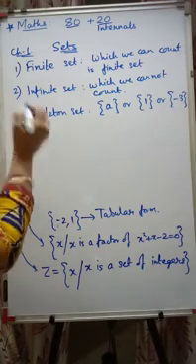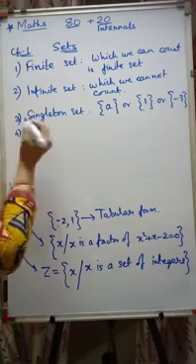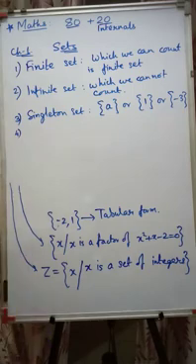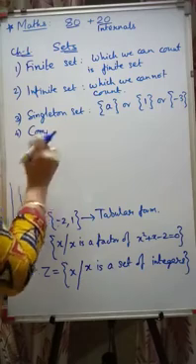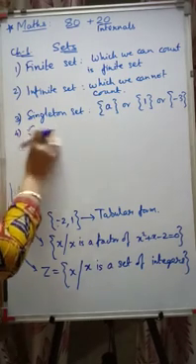Roster form and tabular form I have already told you. Now the complement of a set. Before complement, let me start with union and intersection.